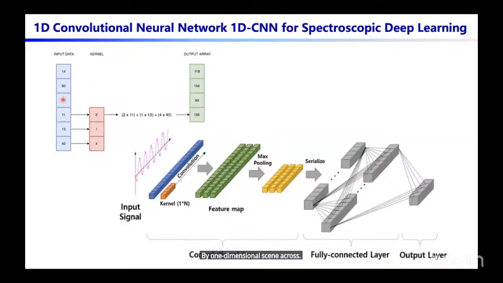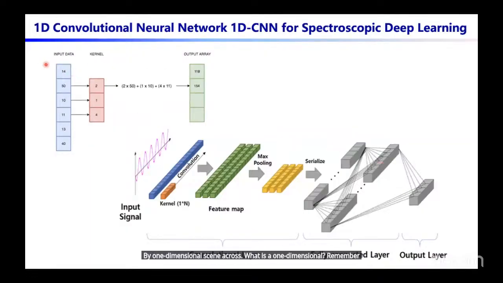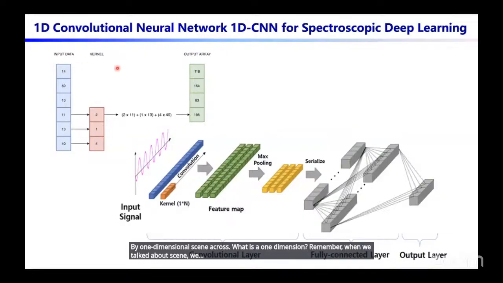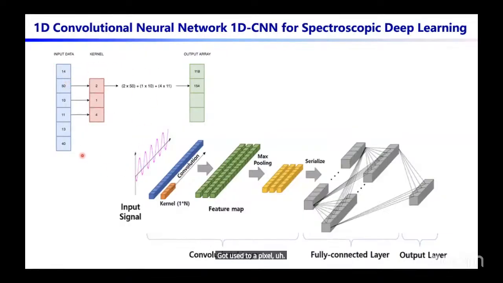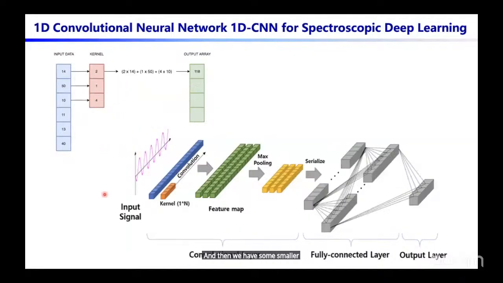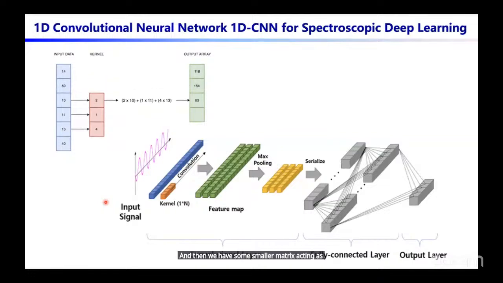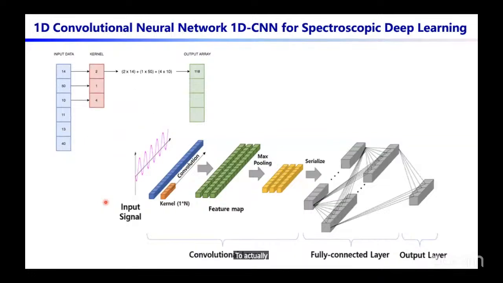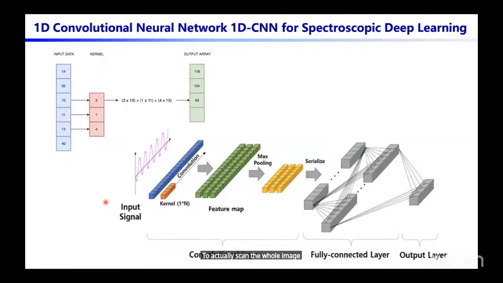What is a one-dimensional CNN? Remember, when we talk about CNN, we are used to pixels, a picture, right? It is a matrix form, and then we have a smaller matrix acting as a filter to scan the whole image to grab the local features.